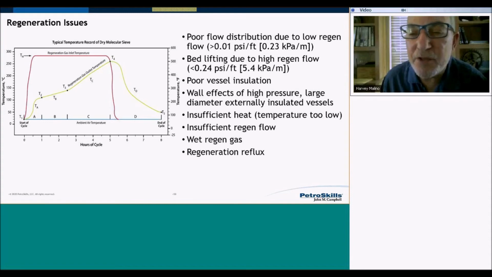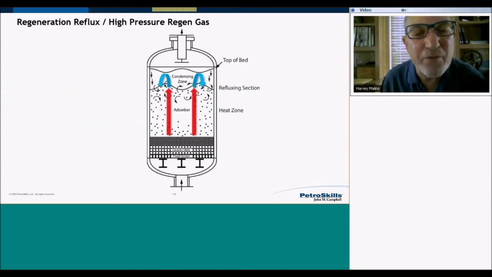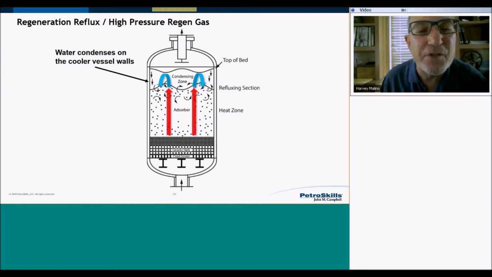And finally, on this slide, you could have something that is seen in high pressure operations called regeneration reflux. In regeneration reflux with high pressure gas, what happens is because the pressure is so high, the water that is being released from the adsorbent is not swept away, and instead it ends up condensing on the cooler vessel walls and creates a rolling boil on the top of the bed.